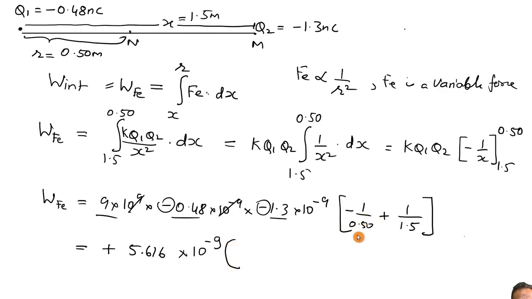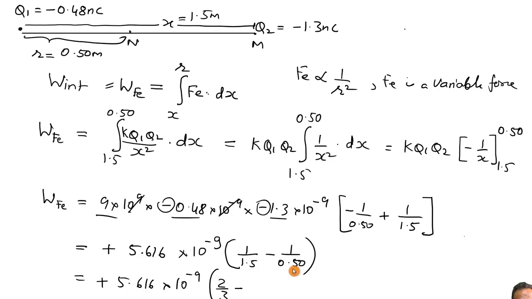Minus 1 upon 0.50 plus 1 upon 1.5 can be written as 1 upon 1.5 minus 1 upon 0.50. This in turn will be plus 5.616 times 10 raised to minus 9, and 1 divided by 1.5 is 2 upon 3, minus 1 upon 0.5, that is 1 upon half, which works out to 2.